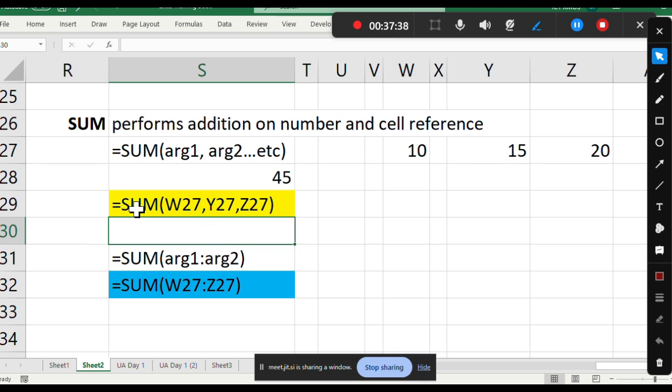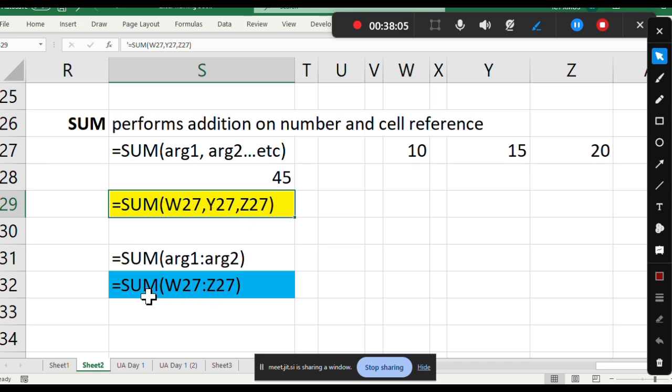The first one: sum, open bracket, the cell reference W27, comma, Y27, comma, Z27. This one is using commas, referencing every cell you want to add. You are calling them one by one: W27, Y27, Z27.